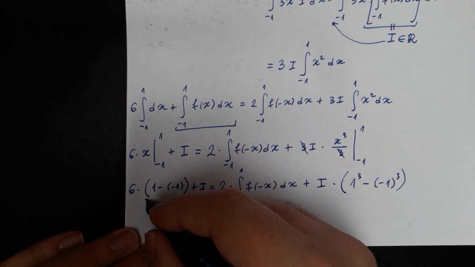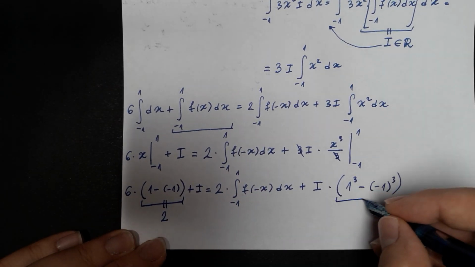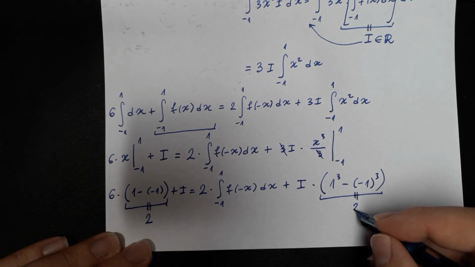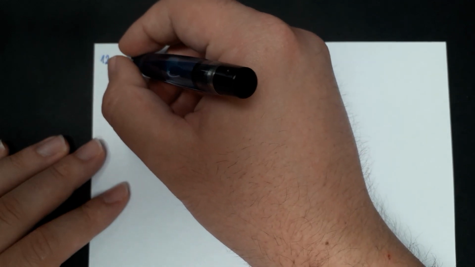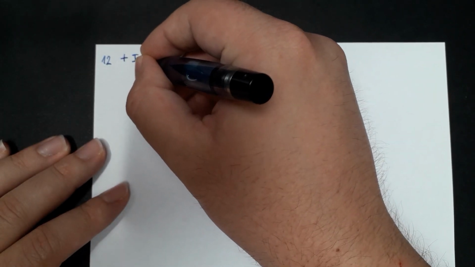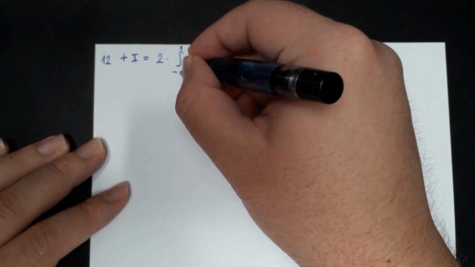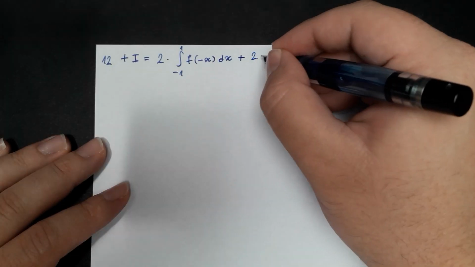So 1 minus -1 is equal to 2, and this is 1 minus -1. This is again equal to 2. At this point, our equation becomes 12 plus I is equal to 2 times the integral from -1 to 1 of f(-x) dx plus 2I.